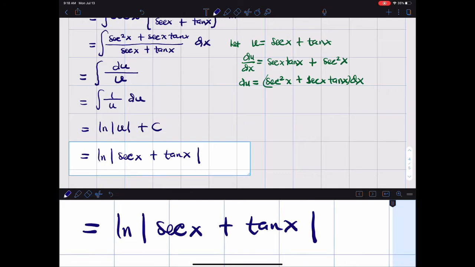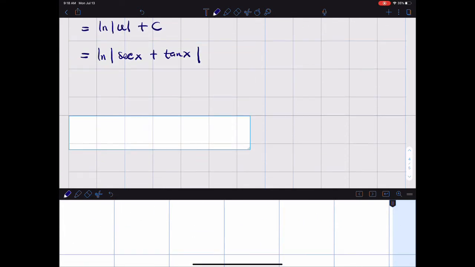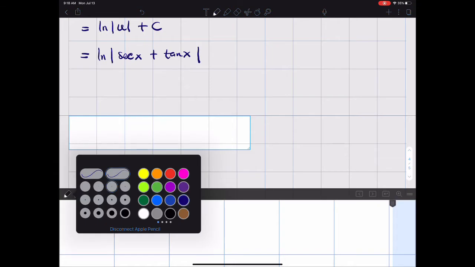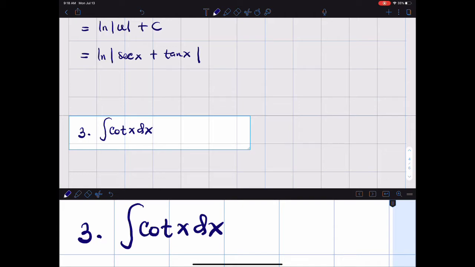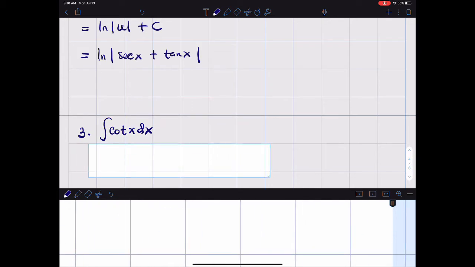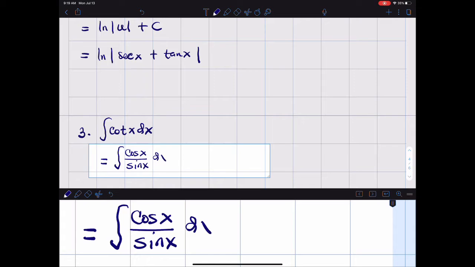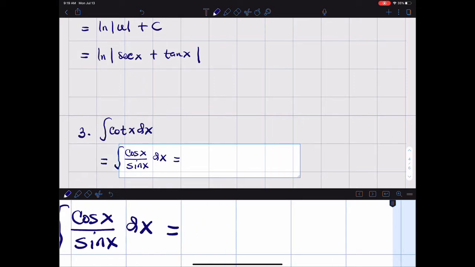All right. So the other integrals I want us to look at are the integral of cotangent of x dx. I'm not going to spend too much time on this, but the trick is to rewrite it as cosine of x over sine of x dx, and then do the same kind of trick.